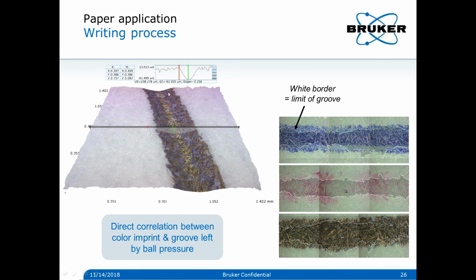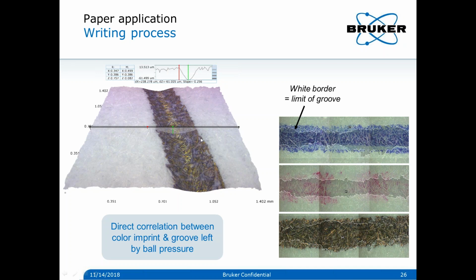So when we write with a ball pen, we actually leave a groove into the paper, and this groove is around here in the range of 61 microns, which depends on the ball radius. But also what you see with the color image is exactly where the ball ink has been deposited, together with coloration of paper fibers.